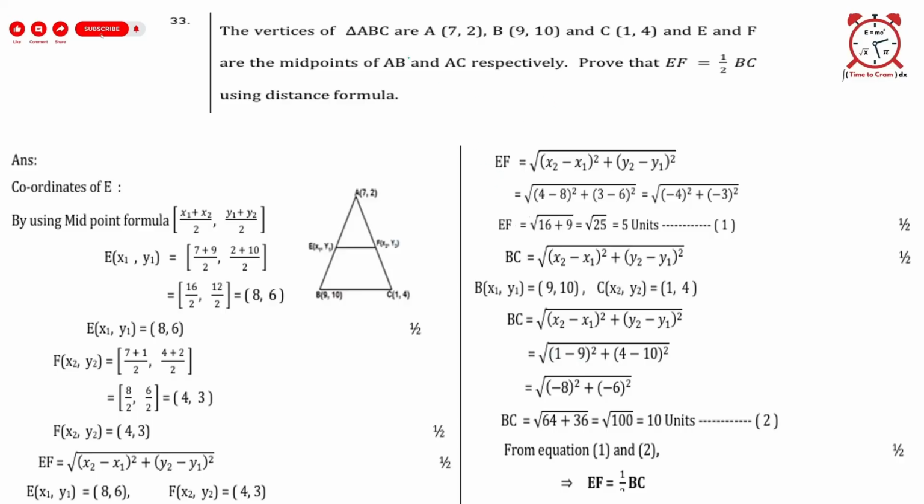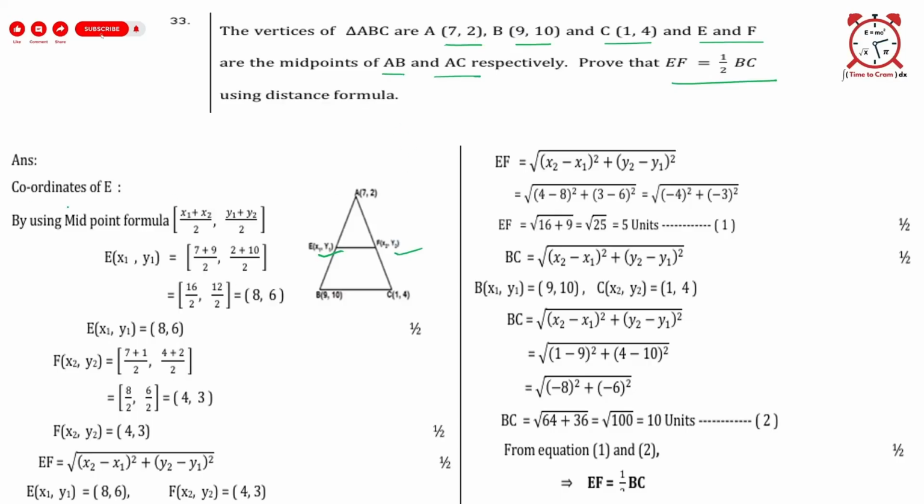Next question, again from coordinate geometry. The vertices of triangle ABC are A(7, 2), B(9, 10) and C(1, 4), and E and F are the midpoints of AB and AC respectively. Prove that EF equals half of BC using the distance formula.